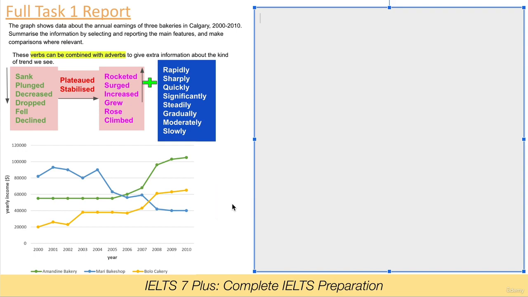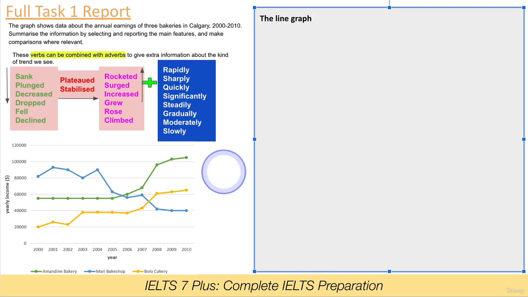Okay, so the first thing that we need to do is paraphrase. The graph shows data about the annual earnings of three bakeries in Calgary from 2000 to 2010. Okay, so we could be more specific.